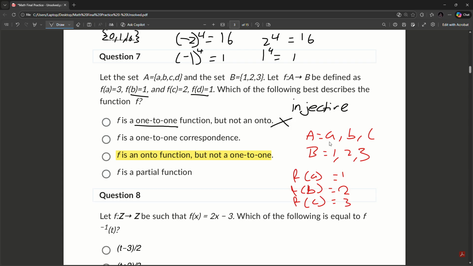So this example is injective and surjective. But an example of an injective only that is not a surjective would be this, right? C doesn't have a value assigned to it. So it's injective because there's no duplicate data, but it's not surjective because not all the data has been used.